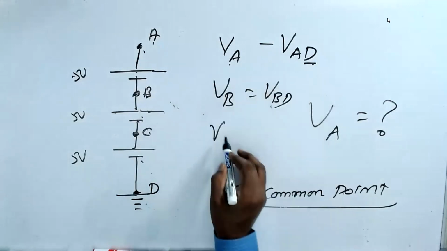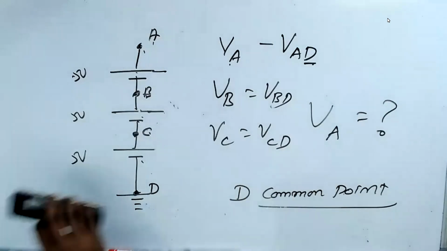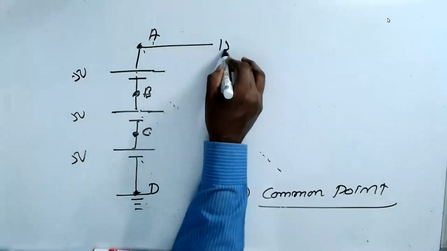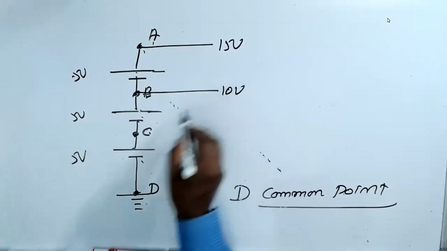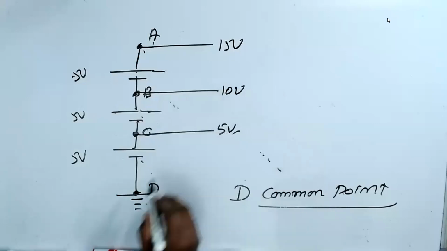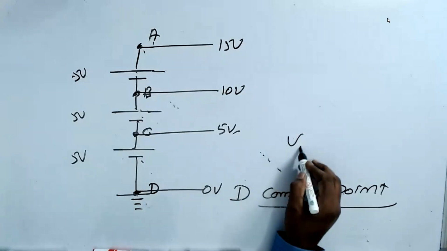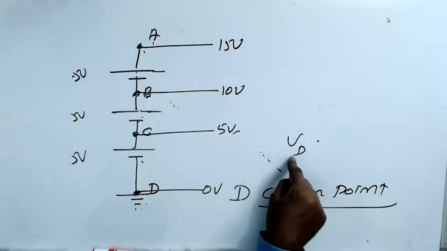If we say VC, VCD. So now, this point, the voltage is 15 volts. This point, the voltage is 10 volts. This voltage is 5 volt. This point is 0 volt because VD is the same point, so it becomes 0 volt. So this common point is 0 volt always.